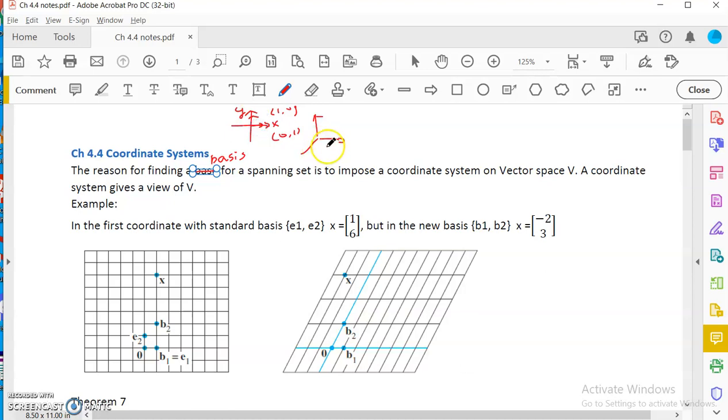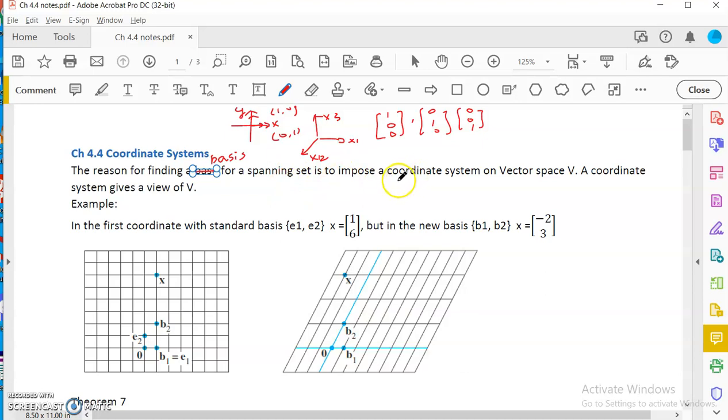And if we have three coordinates x1, x2, x3, then we also have (1, 0, 0), (0, 1, 0), and (0, 0, 1) as the standard basis. So why do we need other bases?